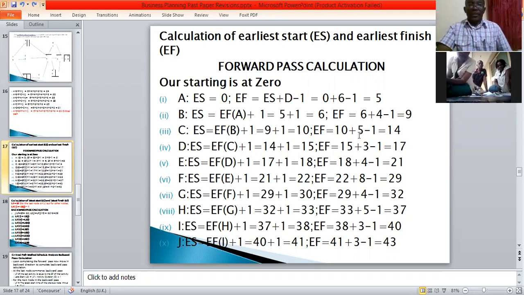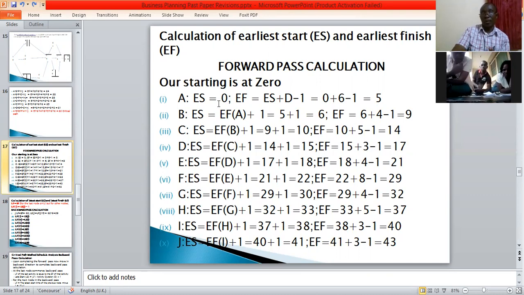Okay. So what I was saying is, since this is the first activity, we assume that it will start at 0. So the earliest start, which is ES, is 0. But what is the earliest finish? The formula is here. Earliest finish is the earliest start plus the duration. How long will the activity take? Then subtract 1.